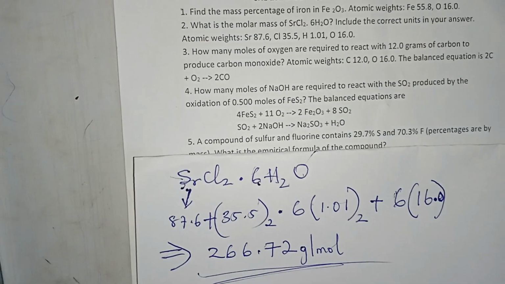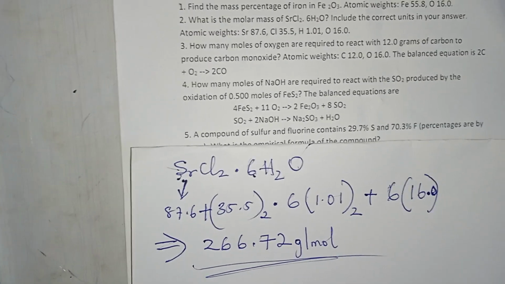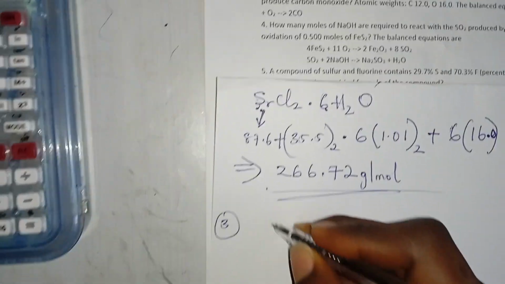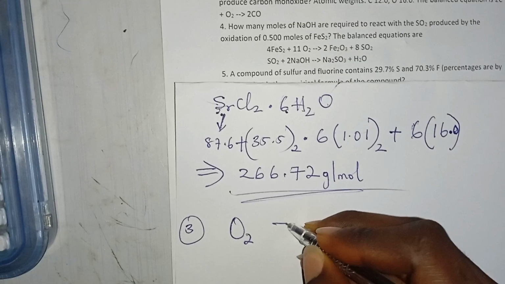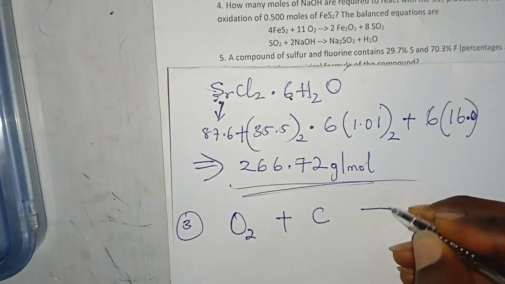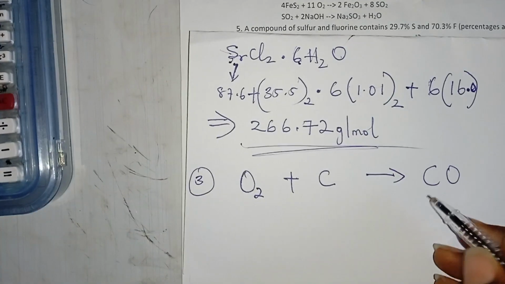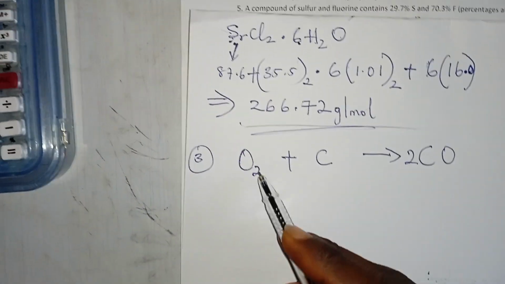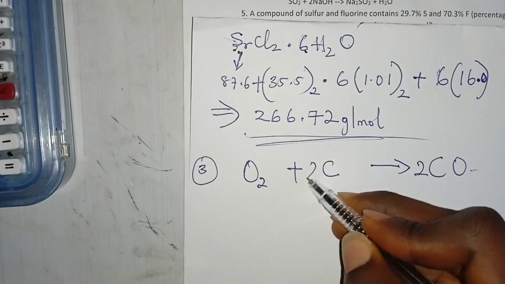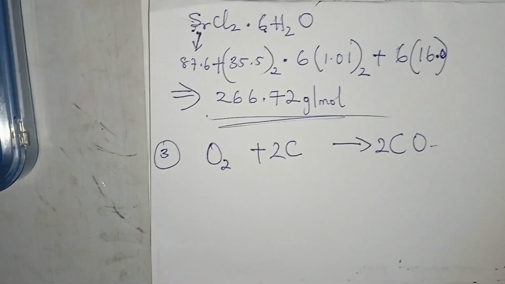Oxygen, O2, exists as diatomic, plus carbon to produce carbon monoxide, which is CO. Notice that oxygen is 2 here, here is 1. Add 2 here, it affects this whole compound, so that this becomes the balanced equation.